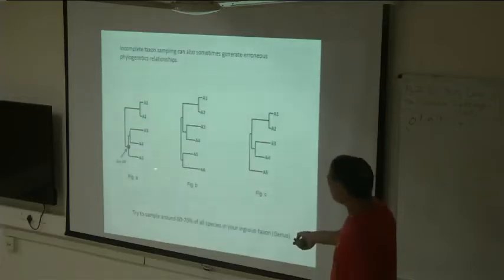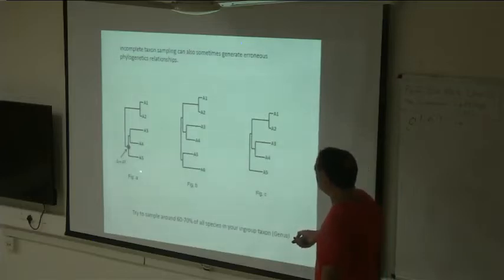Okay, and sometimes what also happens is when you drop a particular species. So, for example, this is the complete phylogeny. Here, this particular species has been dropped, A6. Okay, so when you drop A6, A5 should still be sister to all of this, right?